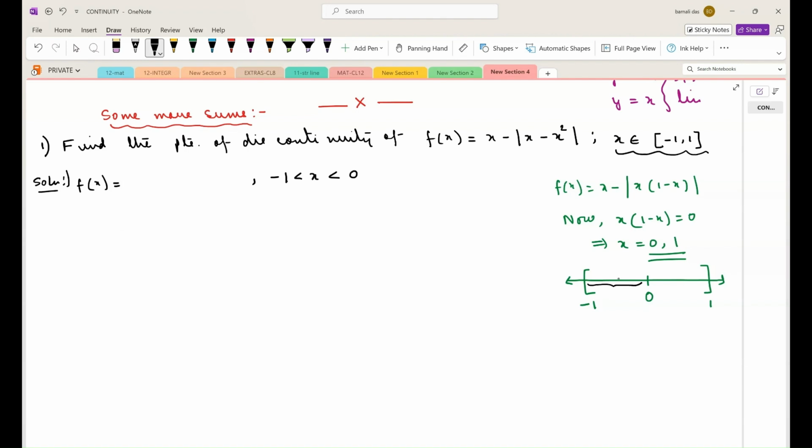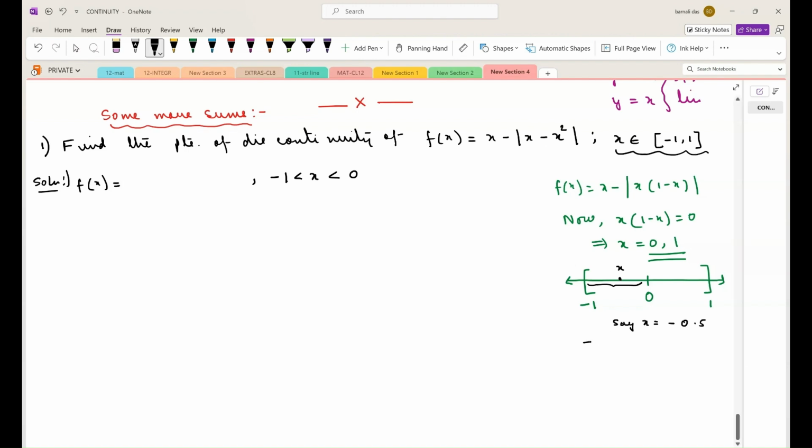Now if you calculate, if your x is here, you can just take an example. Say x equal to minus 0.5. Then what is the value of x minus x square? I mean, whatever is inside the mod, is that positive or negative? That is what we want to find out.